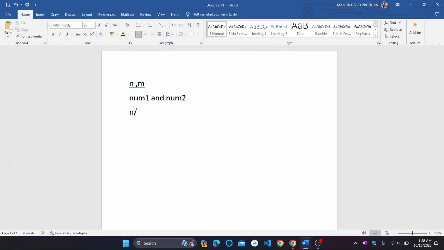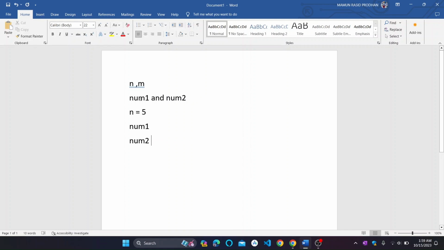I mean each value from 1 up to n. If n is equal to 5, then up to 5 means 1, 2, 3, 4, 5. We have to divide each individual value by m. If a value is not divisible, then we should take it as num1. If the value is divisible, then we should take it as num2.